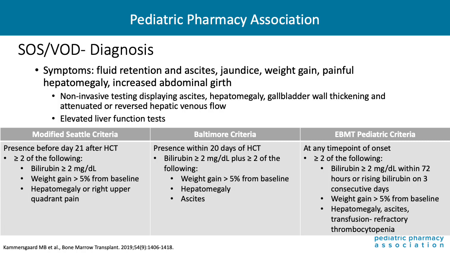And then finally, the EBMT pediatric criteria lists at any time point of onset having greater than or equal to 2 of the following: a bilirubin of greater than or equal to 2 milligrams per deciliter within 72 hours of a rising bilirubin on 3 consecutive days, or weight gain greater than 5% from baseline, or hepatomegaly, ascites, or transfusion refractory thrombocytopenia.